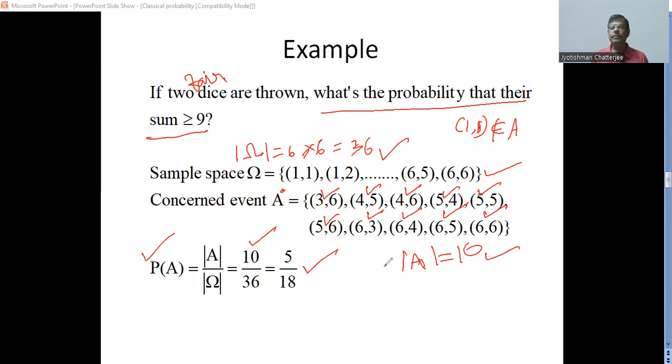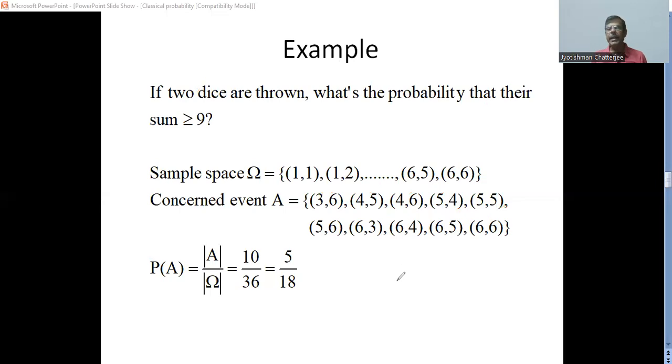I will do one thing here. Let me clear this drawing. And I will give you one nice way of writing the outcome in this kind of problems that will help you in solving other problems. See, here we are throwing 2 dice. So we can write down the outcome this way.